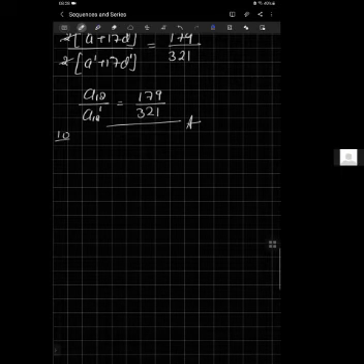If the sum of P terms of an AP is equals to sum of Q terms of the same AP, SP is equals to SQ, then find the sum of first P plus Q terms.